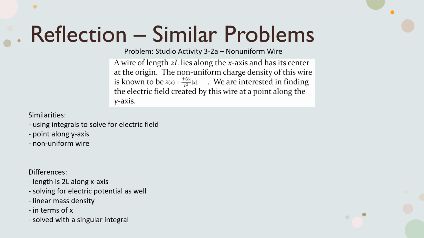And in this problem we also have to solve for electric potential as well, versus the studio problem we only have to solve for electric field. And then we are given the linear mass density in this problem, and it's different from the other one, and it's also in terms of x versus the one we are doing is in terms of y. And this one is solved using a single integral, and our problem we use a double integral to solve.